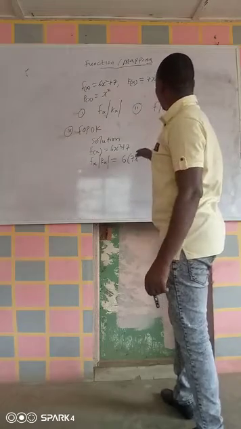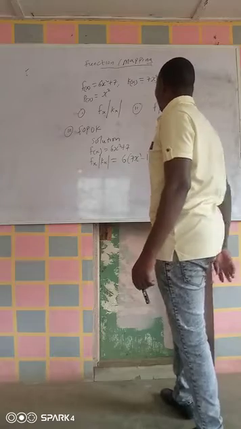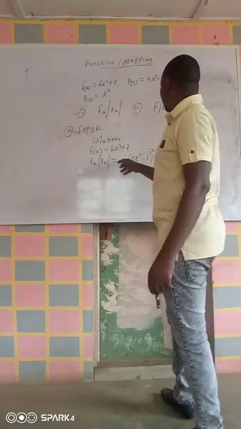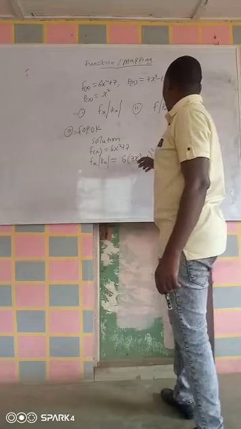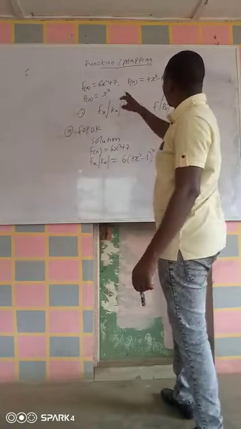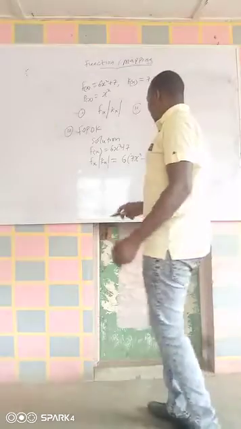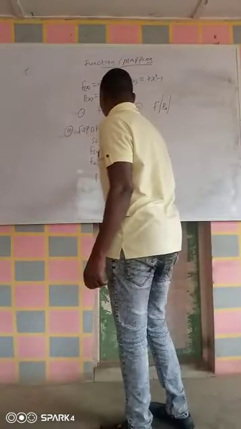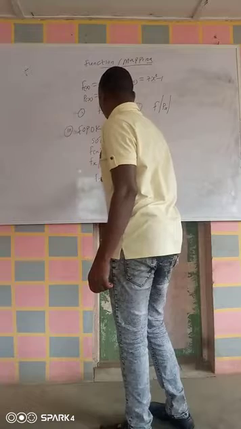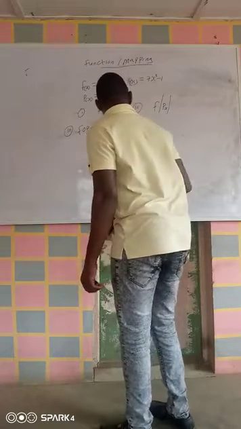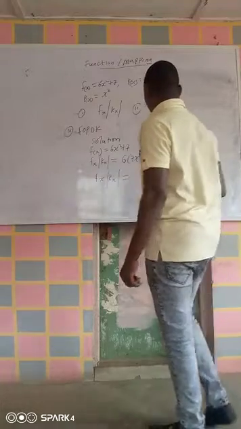Since it is coming, it means that it is squared, and there is 6 outside. So 6 into 7s cubed minus 1 all squared plus 7. Let us simplify it. F of k of s equals... so let's open this bracket.